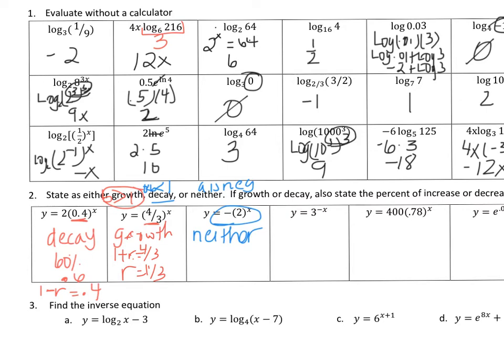This fourth one here is a little tricky. This actually is 3 to the negative x power, which could be 3 to the negative 1 to the x, which would be 1/3 to the x, which makes it decay, instead of our initial feeling of growth.